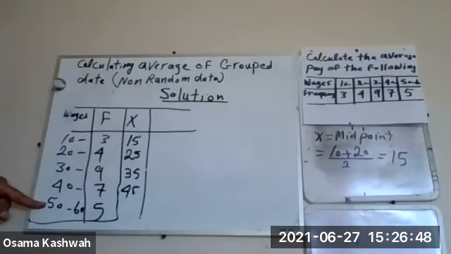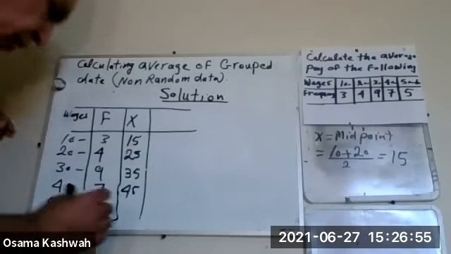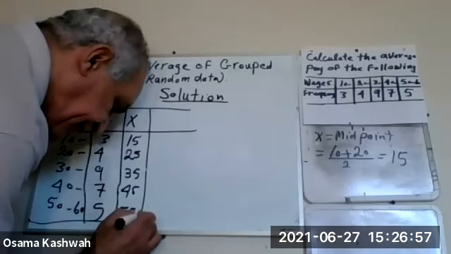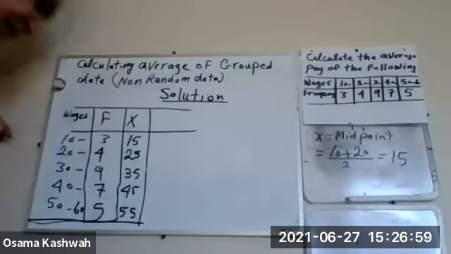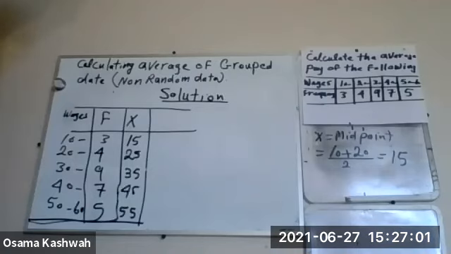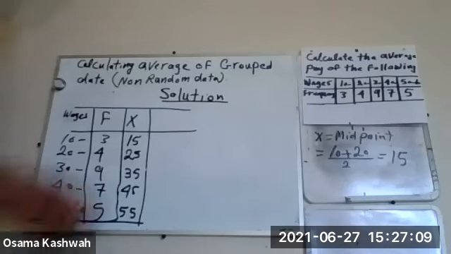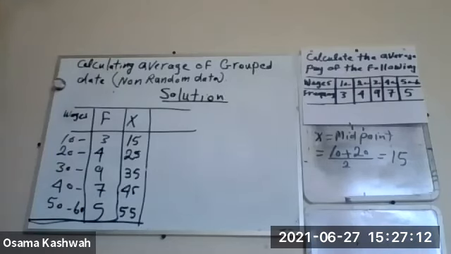Finally, 50 plus 60, 110, divided by 2 will give me 55. Perfect. Till the moment, everything is very clear. Again, those are the midpoints, the middle of each category or denomination.